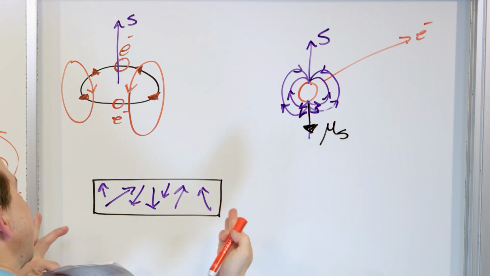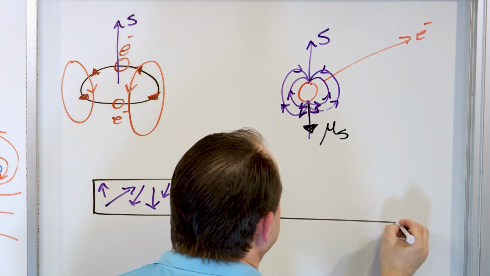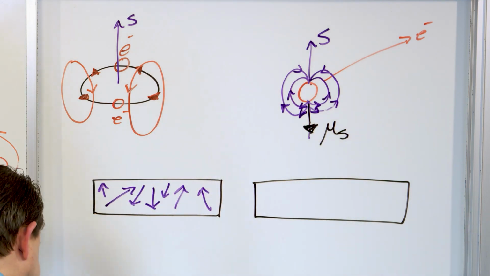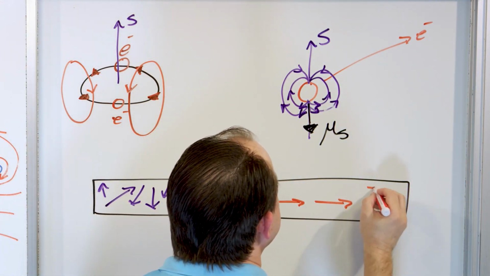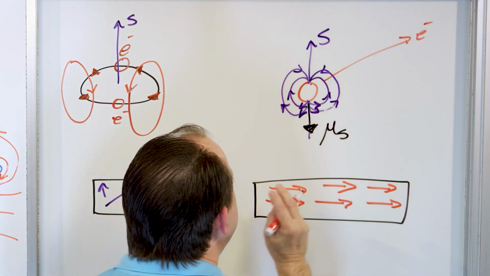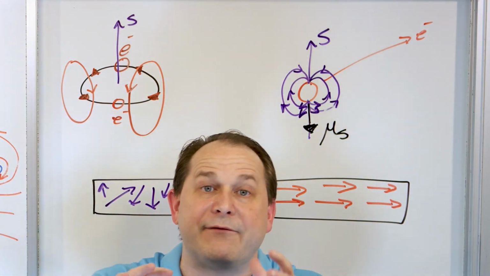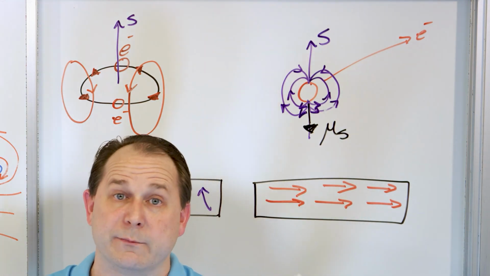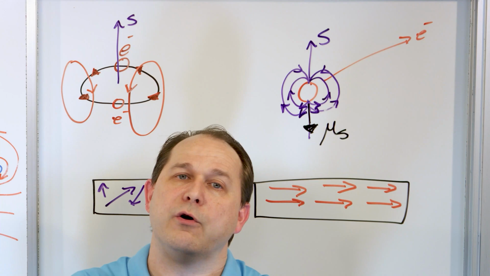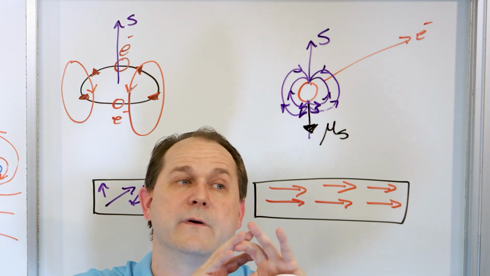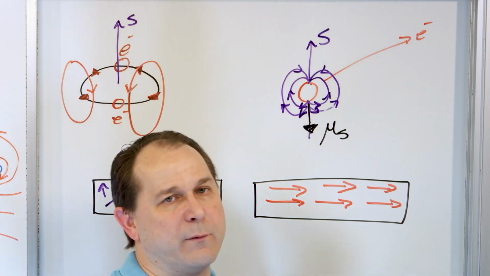But if you apply a magnetic field to this material, or if the Earth does it, because the Earth is a permanent magnet, then you can end up aligning them in the same direction. Now, in reality, they're not all lined up in the same direction, because remember, everything is at a certain temperature, everything's being agitated. So thermally, there are collisions happening and things are being knocked out, but still there's an overall alignment in aggregate across the material. And that makes the magnetic field emanate from one side to the other.